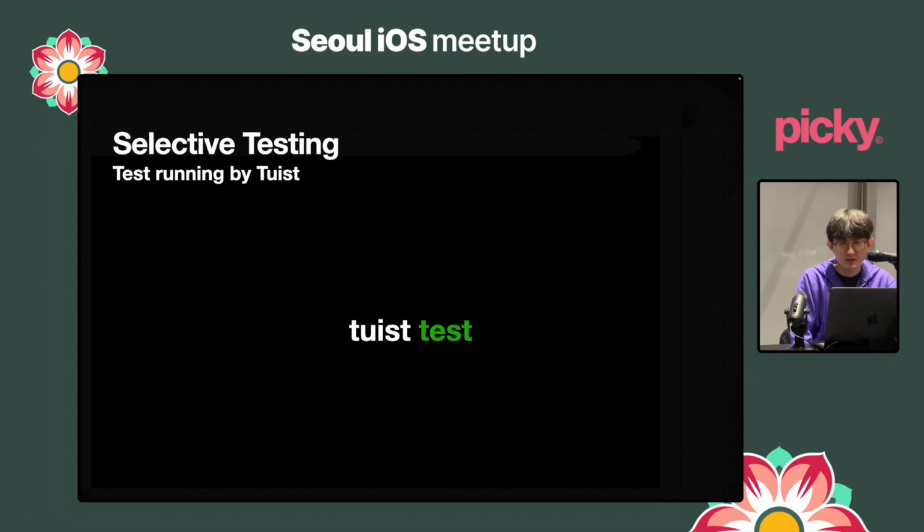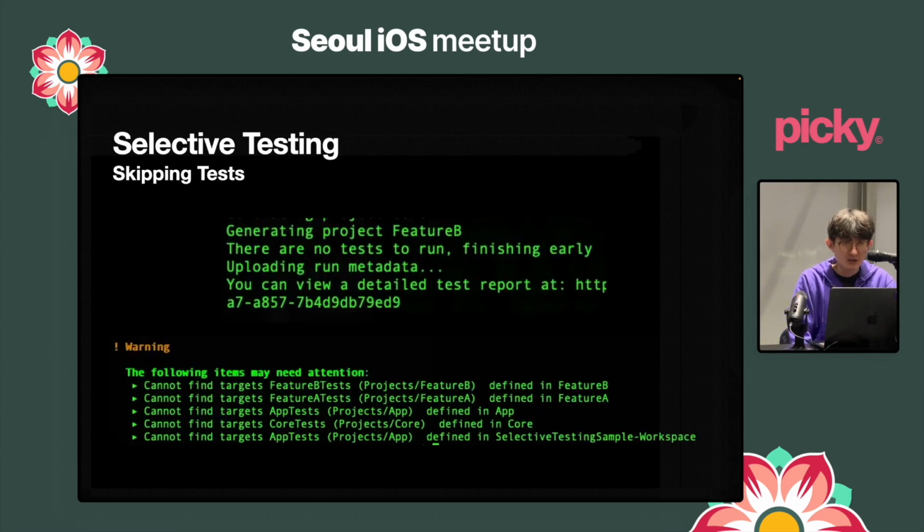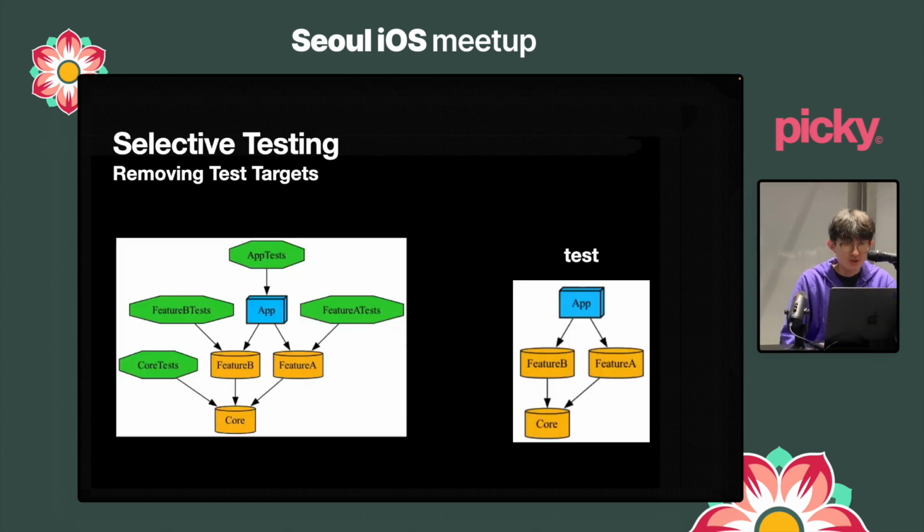But the command name is test, not selective test. Selective testing can skip tests you don't need. The second time you run test, it says no tests to run. Additionally, there are cannot find package warnings. Why? Because Tuist removes the tested package, and this is the cause of the warnings.